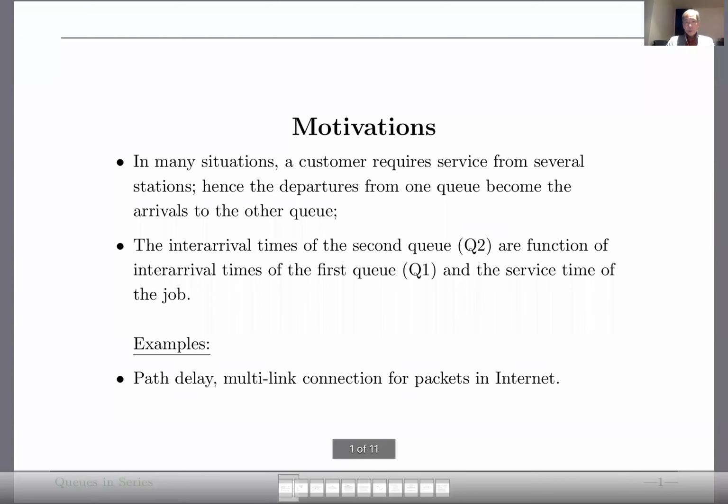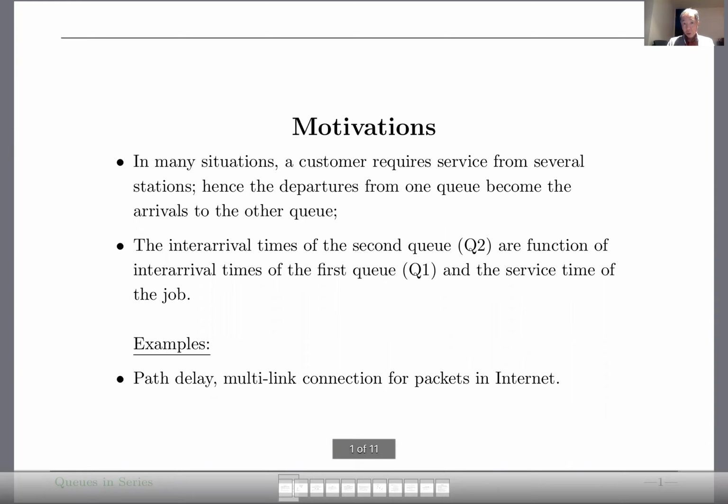With that in mind, I'll just go to the slide. This is the background or motivation. In many situations, a customer requires service from several stations or several queues. Hence, the departure from one queue becomes the arrival to the other queue.